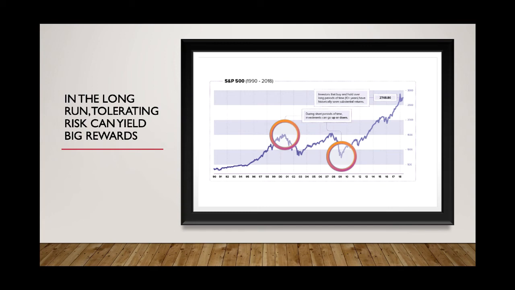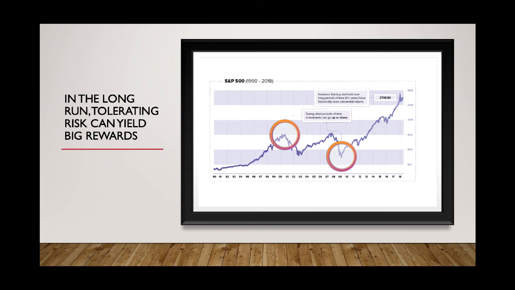You see here, in the long run, tolerating risk can yield big rewards, but as you can see here, there are periods where, if you were invested in some sort of a fund indexed to the S&P 500, there's some years where you're really thinking, what am I doing here? This is really hard. Should I stay here or should I get out of this investment? But then look at the overall trajectory of this curve over time, all the way from 1990 up to 2018.